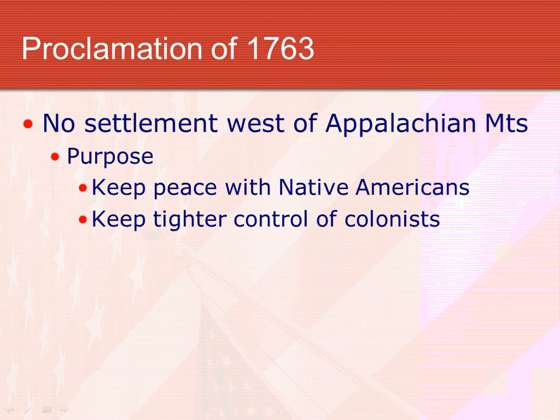Those are the main ideas behind the Proclamation of 1763. Control you, colonists, and try to keep peace with the Native Americans. Because if you encroach, and this was the pattern, white people come, oh, hey, this is our land. Start building a house, building a farm. Native Americans come around, this is my land. You don't have title to it. You don't have paperwork saying that it's your land.